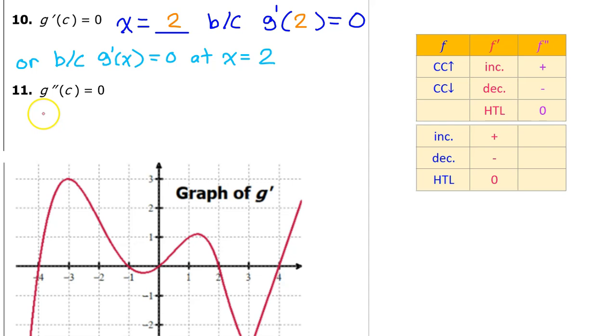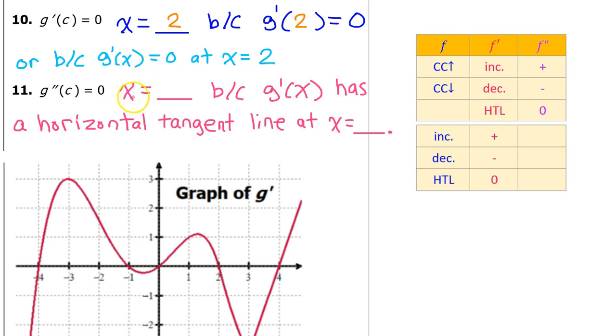For number 11, we need to find where g double prime is equal to 0. G double prime will equal 0 when g prime has a horizontal tangent line. Our answer will have the form x equals blank because g prime of x has a horizontal tangent line at x equals blank.